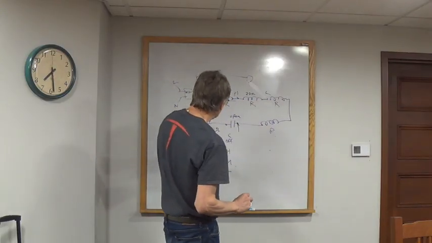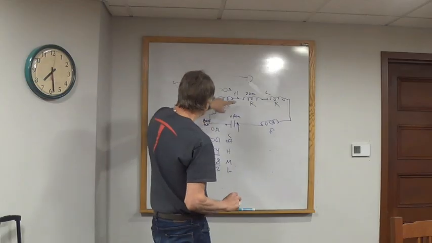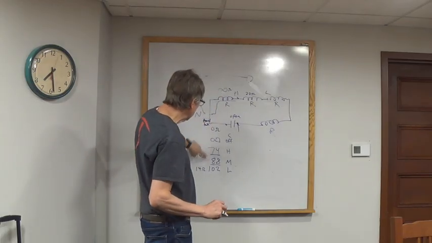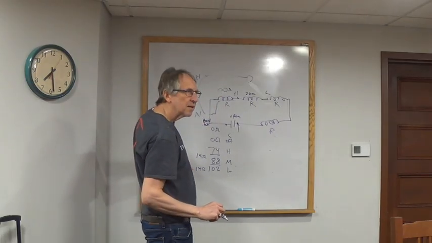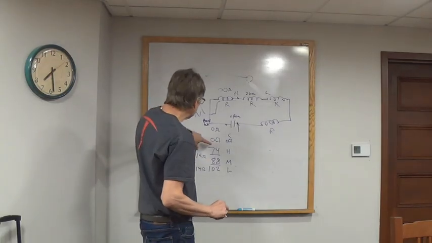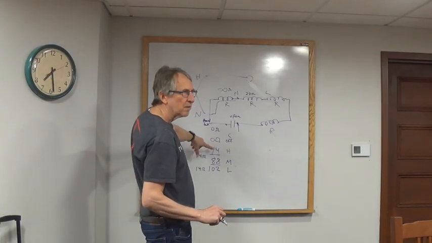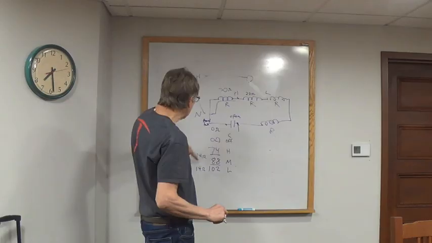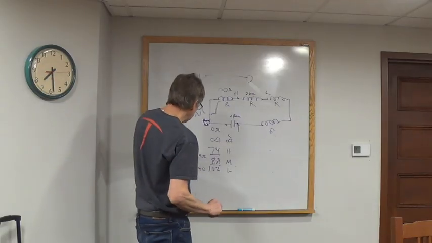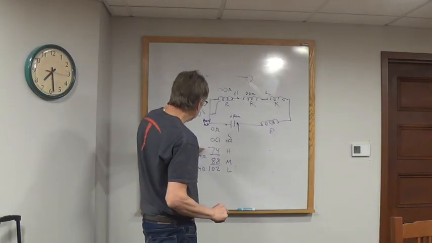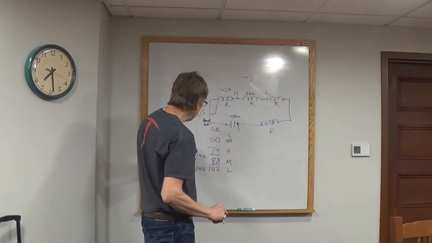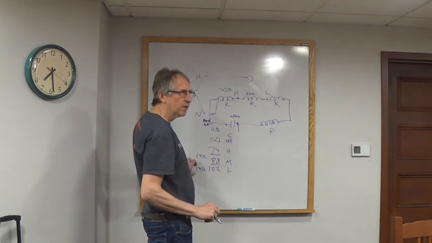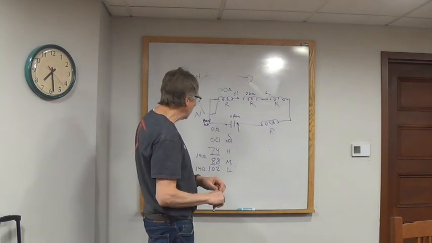So the first resistance to neutral is fairly high, and then each one has a small resistance. So this is a healthy motor. If you don't see a pattern like that, for example, a big one and then a small one and then another really big one, there might be something wrong.